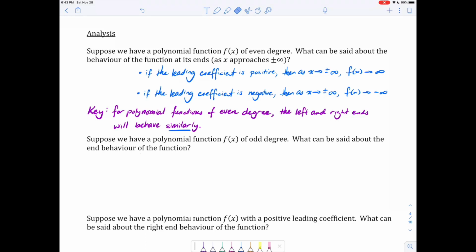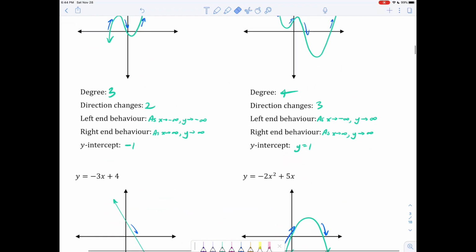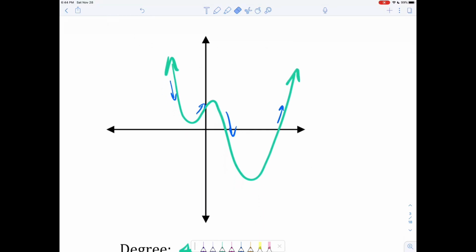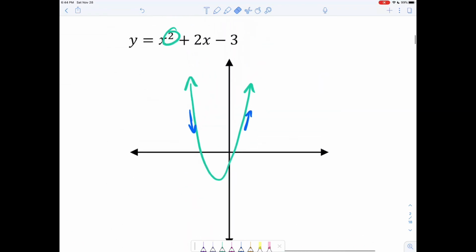So what we might have noticed is that if the leading coefficient is positive, then as x approaches either positive or negative infinity, f of x or y is approaching infinity. So we had these cases, right? This side, we were going up, both on the left and right. And this one, we were going up, both on the left and right.